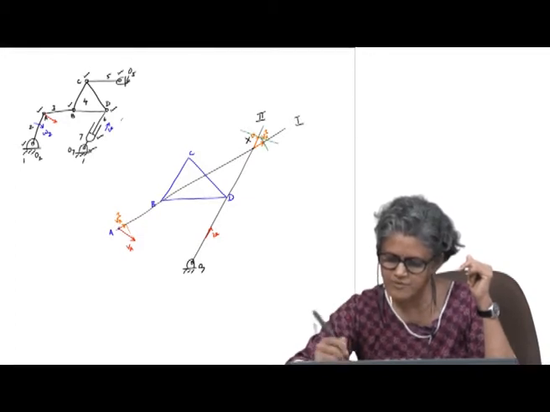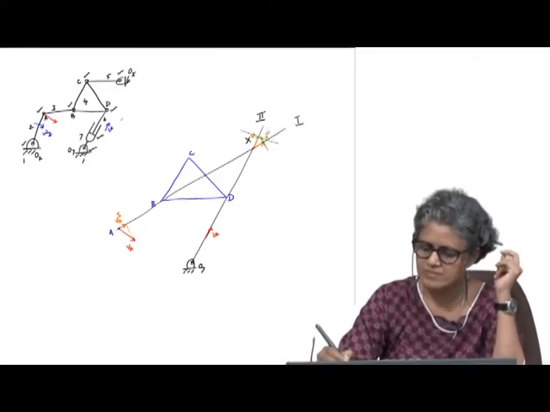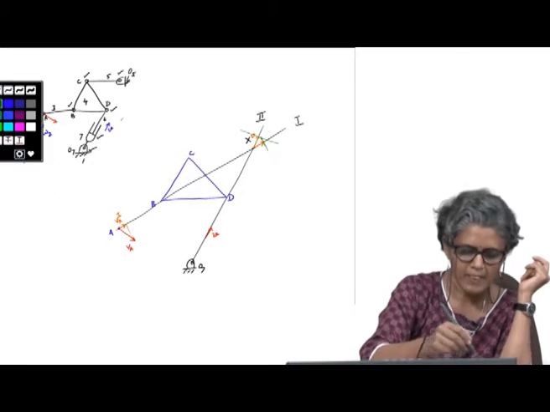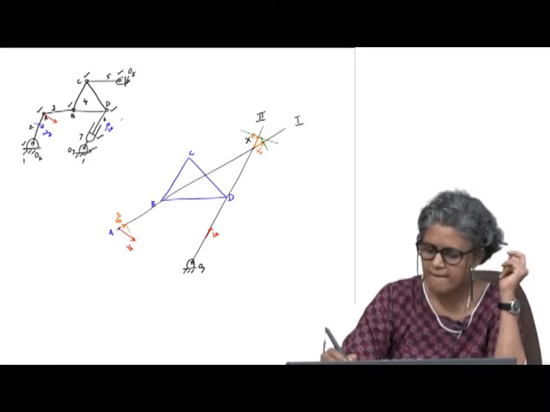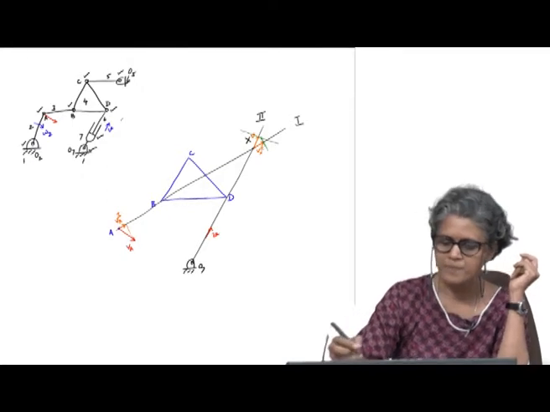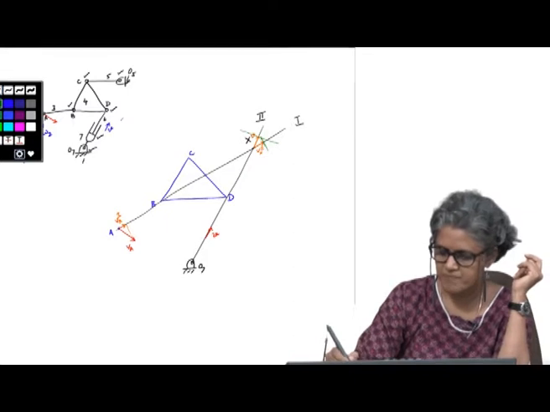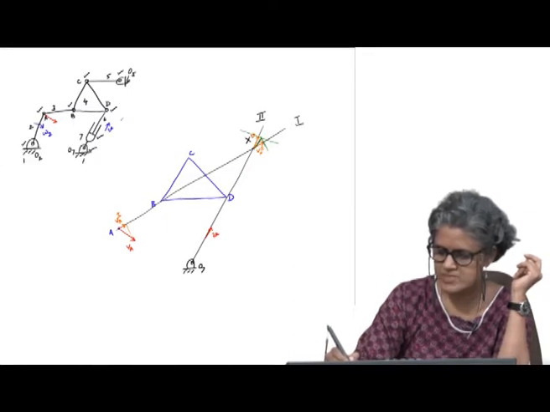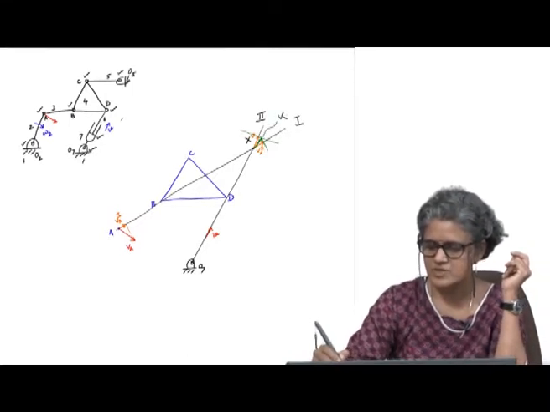So, if this is my point of intersection, rename this. Then this gives me the velocity of x.